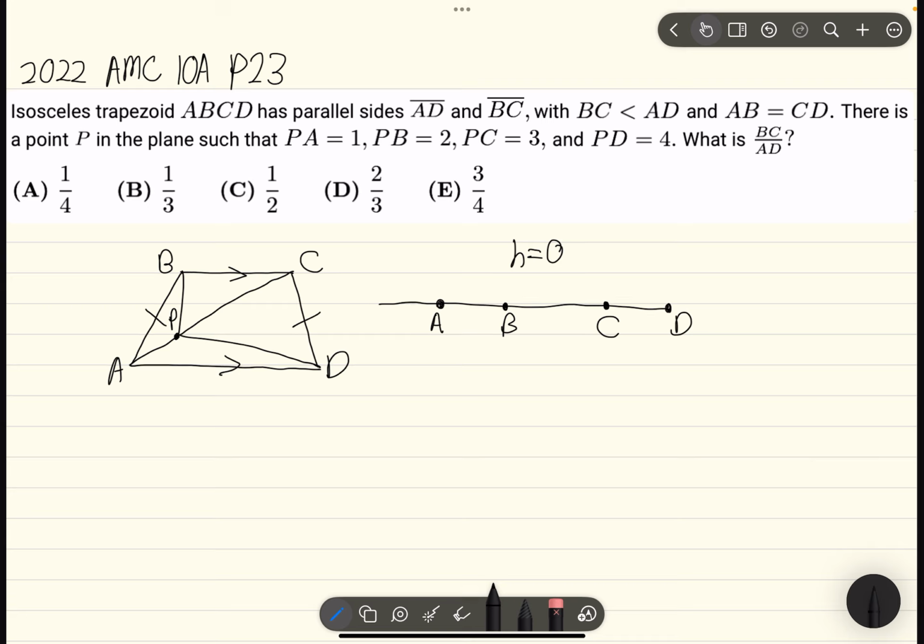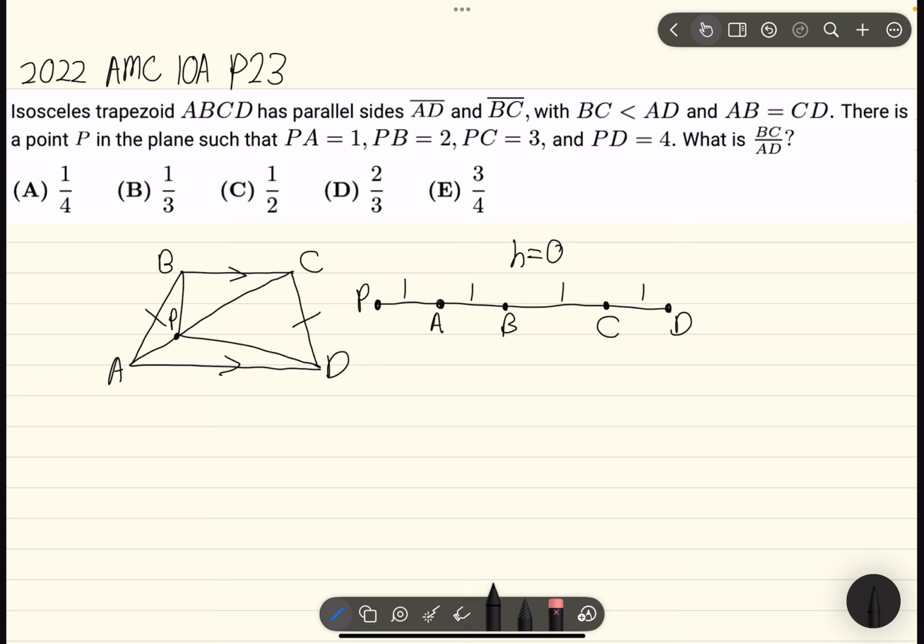Just try to make this work and try to find where P is. P is going to be here. PA is 1, PB is 2, PC is 3, PD is 4. That's really simple. That's the most straightforward thing you have here, and you can easily think of it with 5 minutes or maybe 30 seconds or 10 seconds.